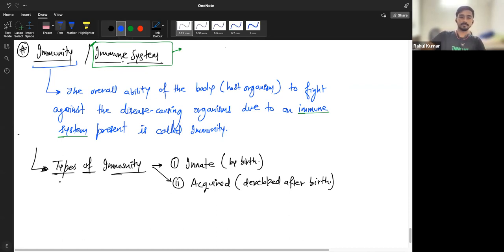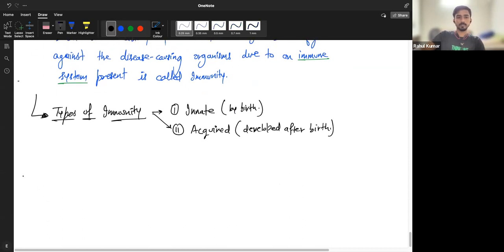Let's take on the first type, which is innate immunity. Write down: innate immunity is non-specific, and present from the time of birth.